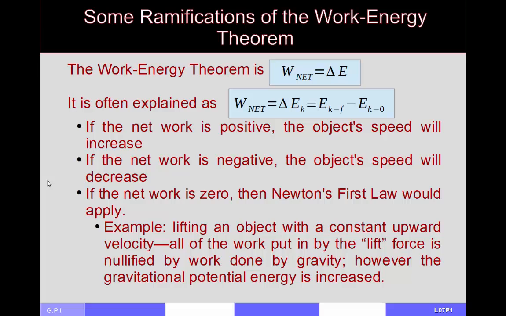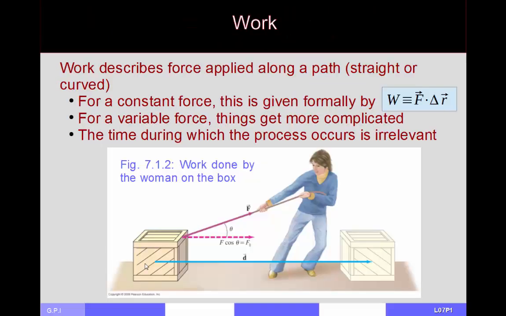Basically, if we go back to the diagrams that we've drawn earlier, for example, this one in which we have a lady who's pulling on a box across the floor. A positive amount of work basically means that you are pulling with some component that's in the same direction as the box is going to move in.